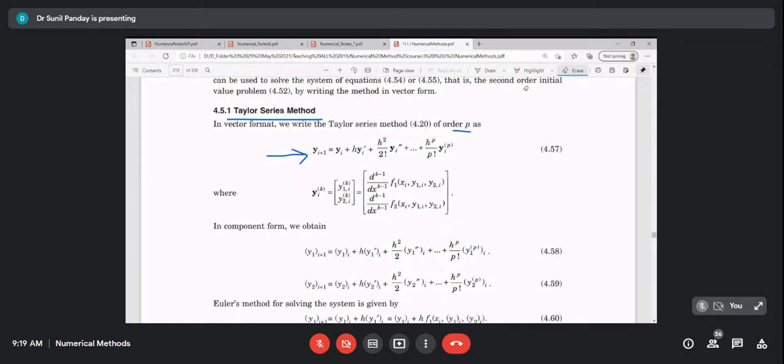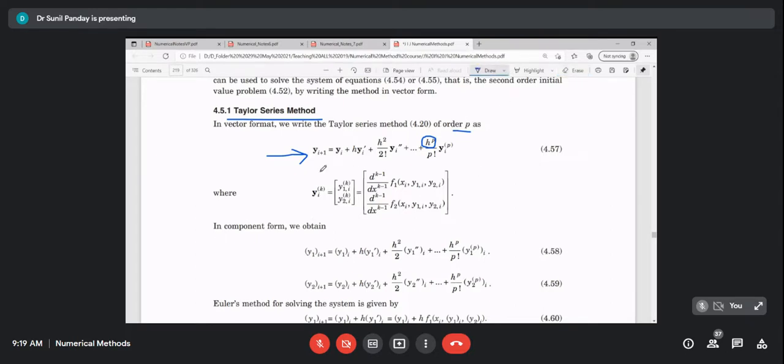Order p means you consider the Taylor series expansion up to h raised to power p and neglect the other terms, or you say that this kind of error you can neglect. So if you are considering all terms up to h raised to power p, then this method is known as the Taylor series method of order p.